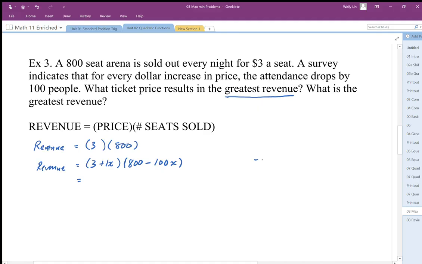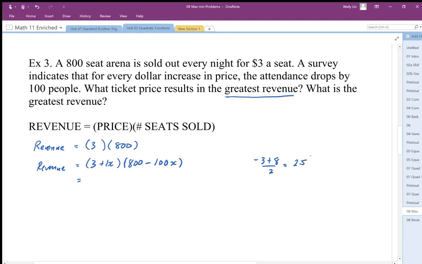Negative 3 plus positive 8, divided by 2, gives us 2.5 for x. So if we have a $2.50 increase, we're going to decrease by 250 people, and that will give us the vertex or the maximum here.